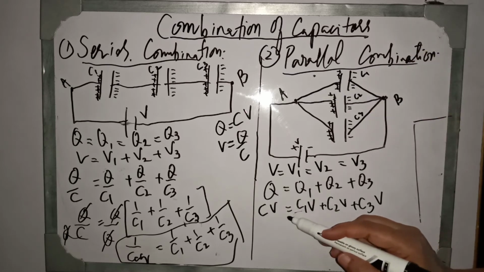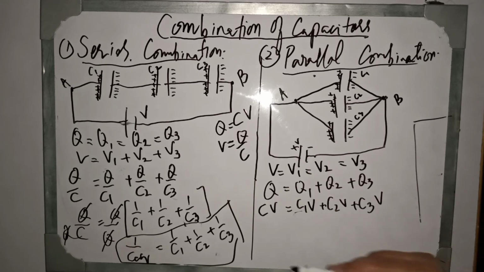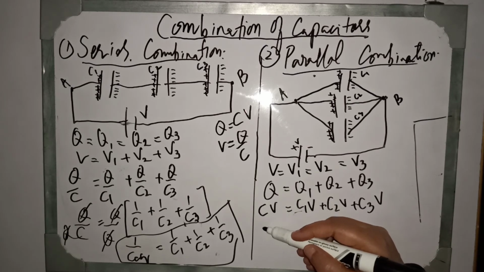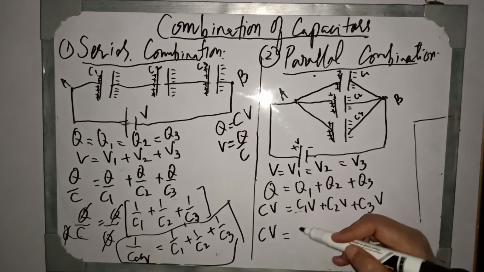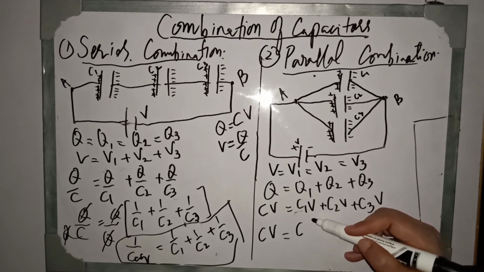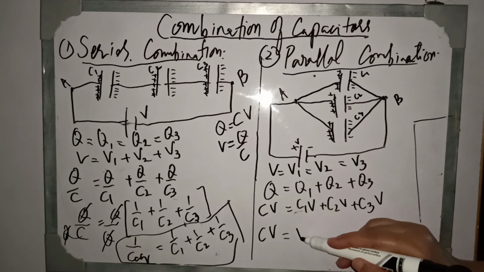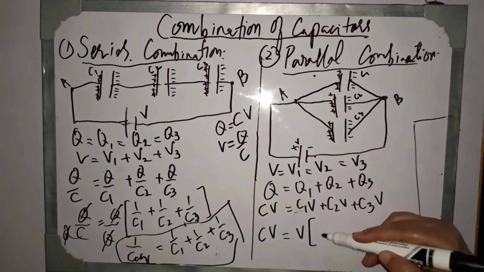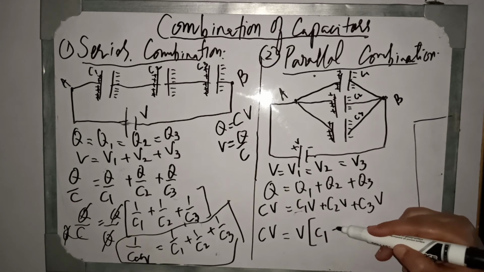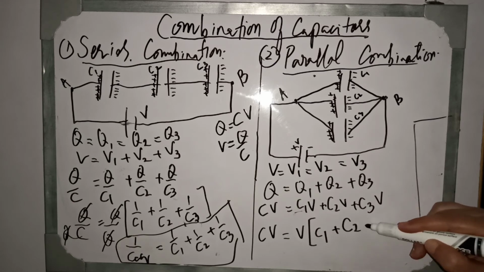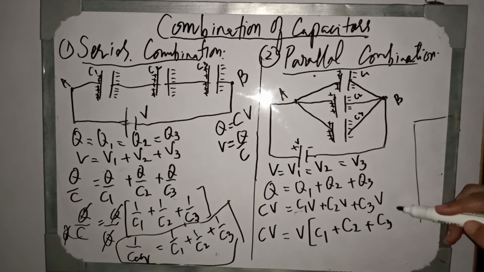Now CV equals C1V plus C2V plus C3V. By taking V as common, CV equals V times the bracket C1 plus C2 plus C3.